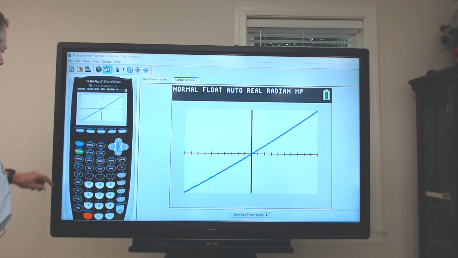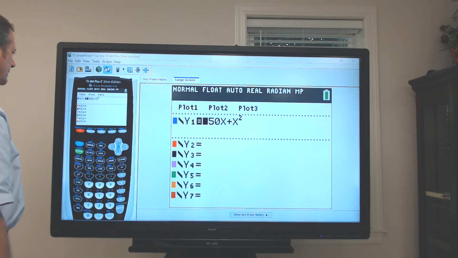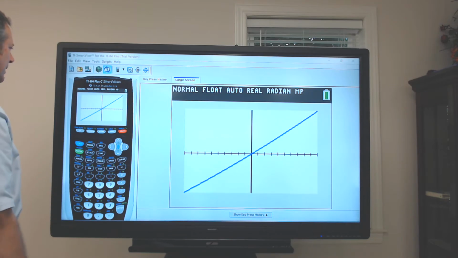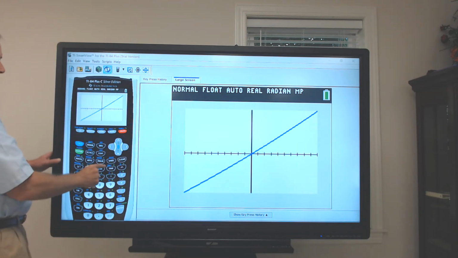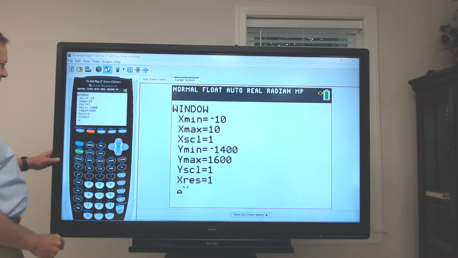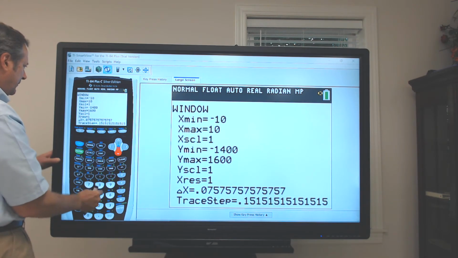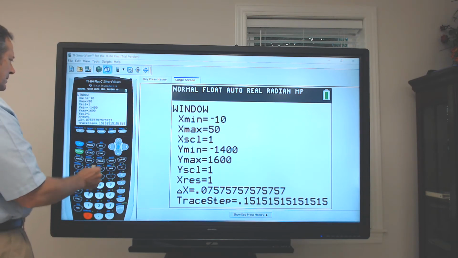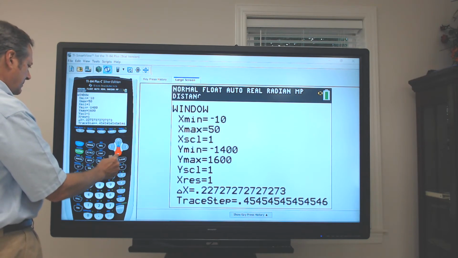Now that looks like a straight line. Did I put in my x squared value here? No, it's still graphing. Yeah, I did. Okay. Well, that's going to need a whole lot more x max and a good bit more y max. So we go to window to reset the window, scroll down here to x max, and I'm going to type in 50, and then y max.